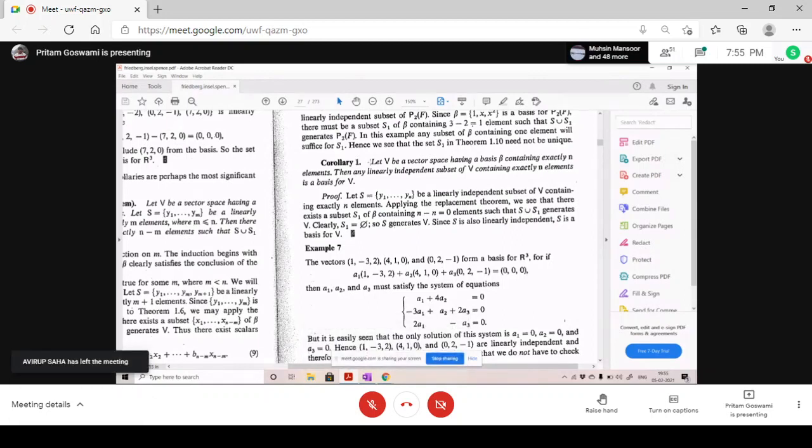Can you repeat the theorem once? The corollary once. They are saying that V is a vector space with a basis beta with exactly n elements. Then any linearly independent subset of V containing exactly n elements is a basis for V. So if beta is a basis with n elements, then any linearly independent subset with n elements is a basis.